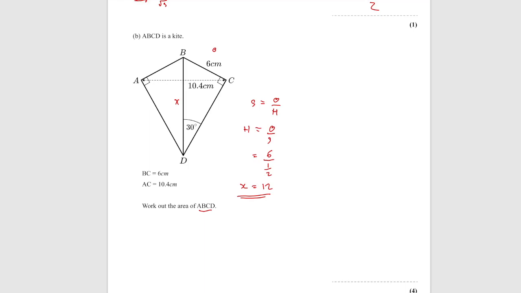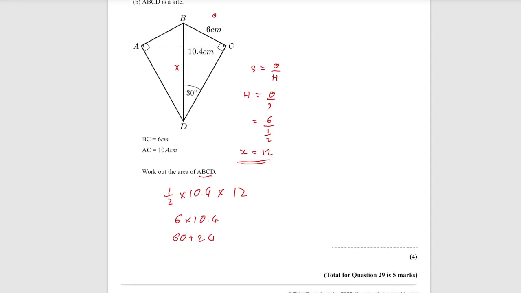Okay, so I've got this height as being 12. So in theory, if I split it into two separate triangles and then added them together, I'd be looking at half of 10.4, but then I'm going to be timesing it by 2. So it is just going to be overall a half times by 10.4 times by 12. So in effect, 6 times by 10.4, which is going to be 60 plus 2.4, which is going to be 62.4.